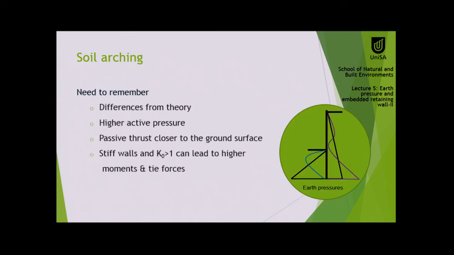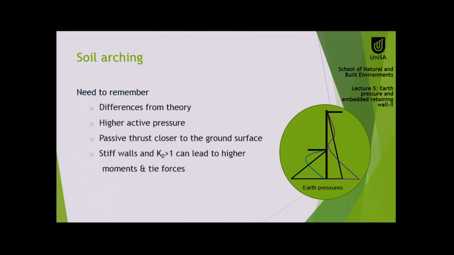We also need to remember that the Rankine pressure theory, whatever we come up with, could be different for arching. So there is a difference between theory and what we do, but we can minimize those. The other case, higher active pressure, we get the active pressure over there, it's much higher. As I explained the failure case in the second case, passive failure for the anchored retaining wall is possible in this case.